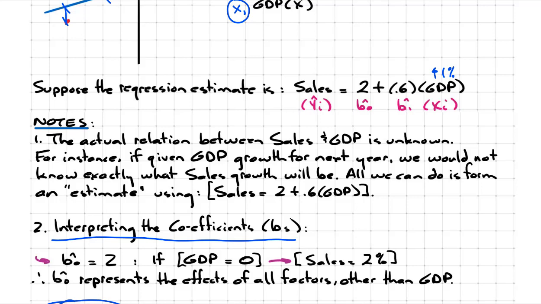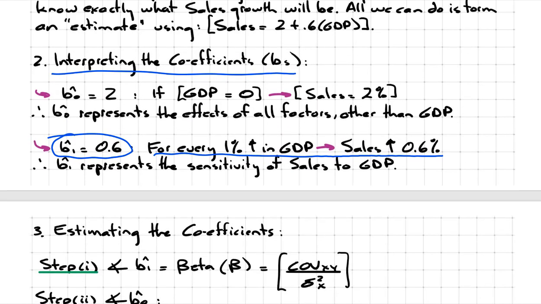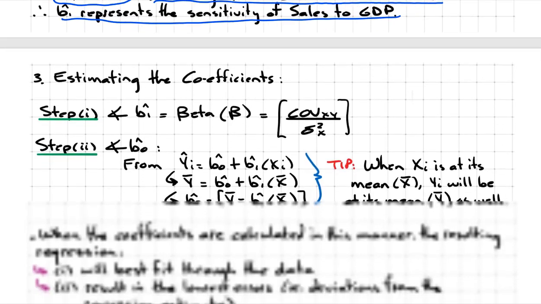If this goes up by 1%, 1% times 0.6, therefore collectively, sales would go up by 0.6%. So as we indicate, B1 represents the sensitivity of sales to GDP. And that's exactly the point we make here. It's the sensitivity of sales to GDP.